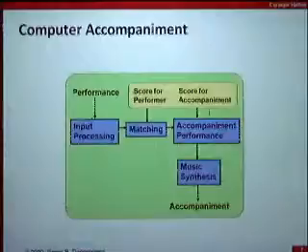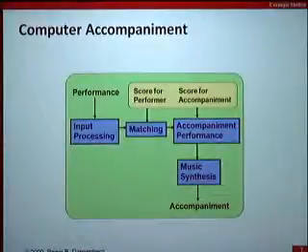And then the accompaniment part is also stored with the score. And I think the most interesting thing about this structure is that this matching process and the accompaniment performance process are loosely coupled processes.